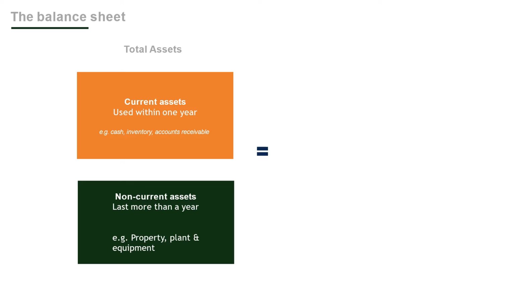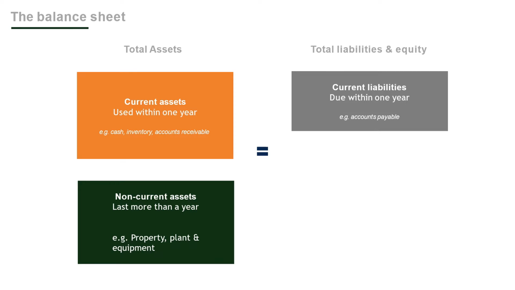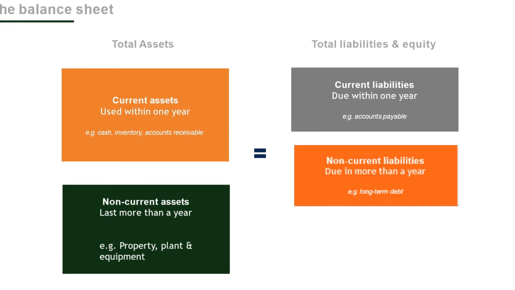So on the right side of the balance sheet, we also have two categories: the liabilities and shareholders' equity. The liabilities are what a company owes. And just as with the assets, these liabilities are broken down into current liabilities, those that are due within 1 year's time, and non-current liabilities, those that are due in more than a year's time.